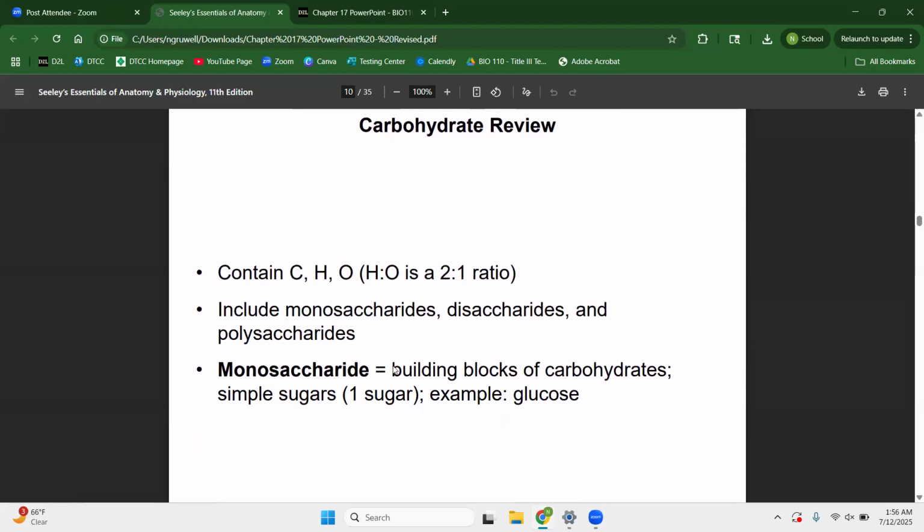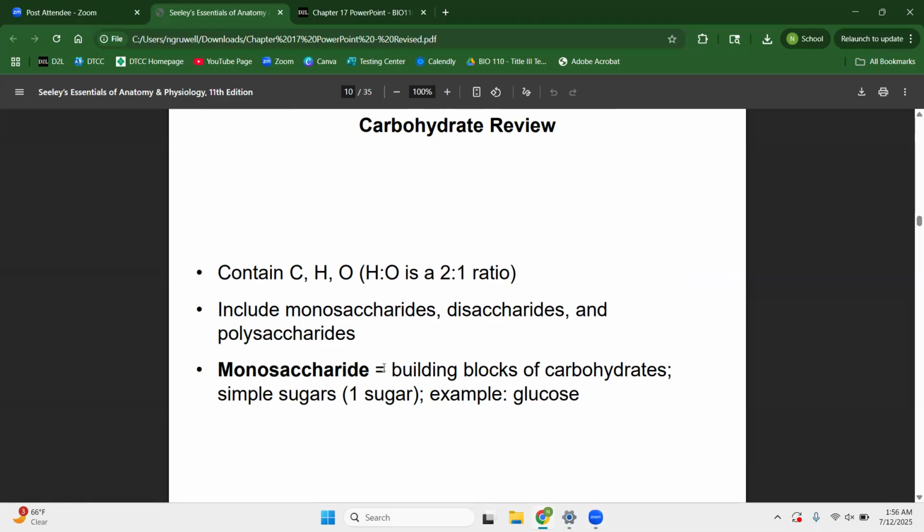All right, we've seen carbs before, so just a reminder: carbs are going to have carbon, hydrogen, and oxygen, and we're always going to have twice as many hydrogens as oxygens in our carbohydrate structure. Our building blocks are monosaccharides. We had to know the building blocks back in Unit 1, so that's one of the main things I want you to remember from our macronutrients.